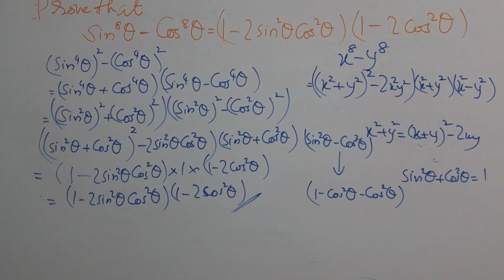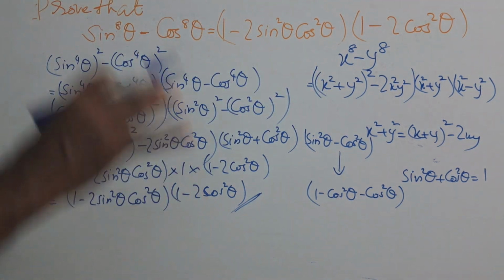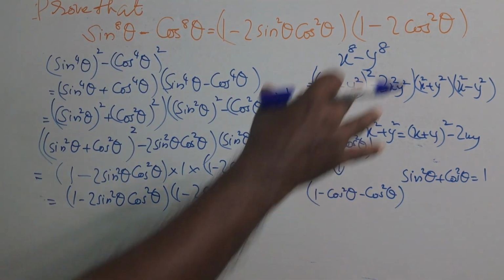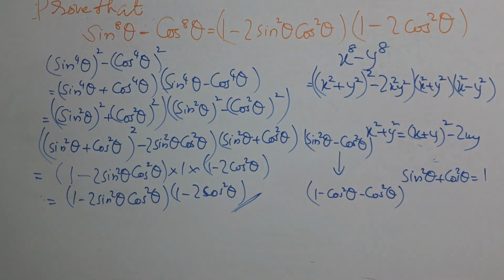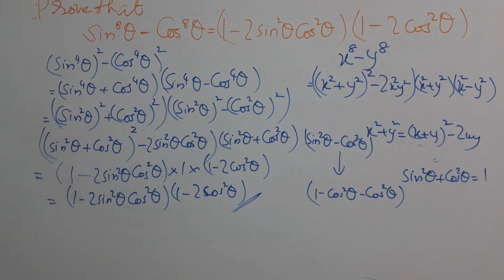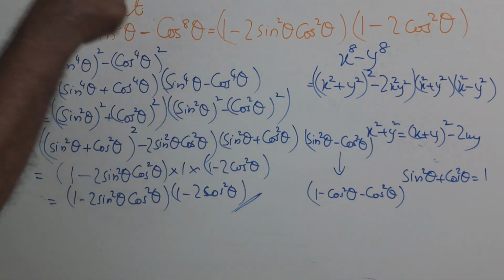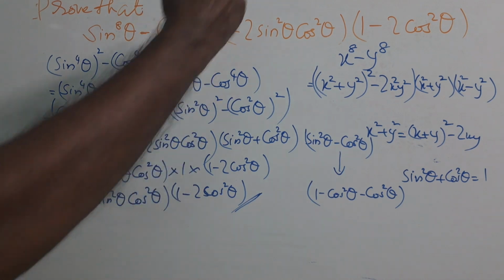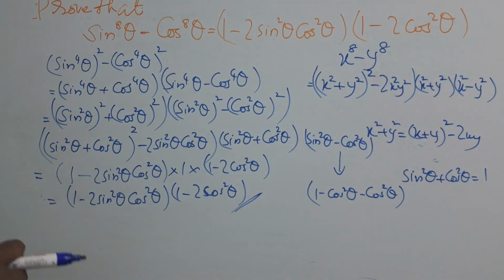Dear students, I have already told you that the algebraic identity is not required for answering this question, but I have given you a detailed explanation of this algebraic identity so that you can answer this question easily following the identity.